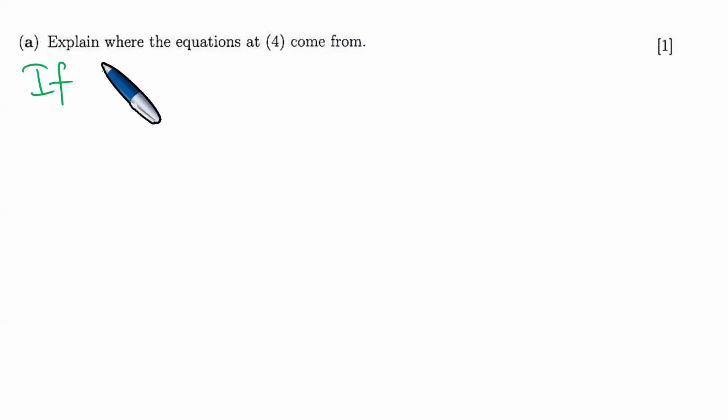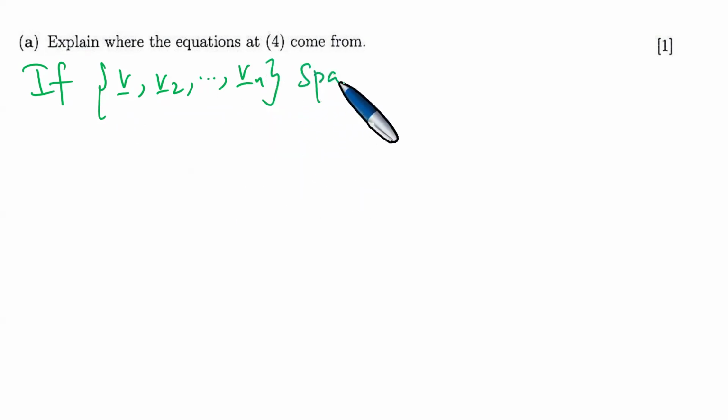It makes sense to then say that if you have v1, v2, up to vn, so we have the basis that is given, and we take them up to vk. Let's write it properly.